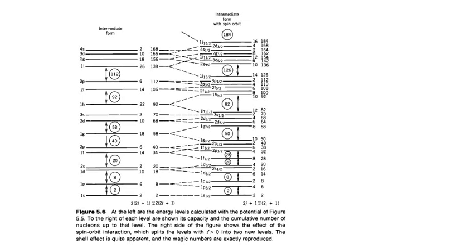Then you should consider the realistic potential, and that also fails to explain the magic numbers. Then you should introduce the concept of spin orbit interaction, and then you should explain how your energy level scheme evolves so that it is possible to explain the occurrence of energy gaps at right locations and also the occurrence of magic numbers.